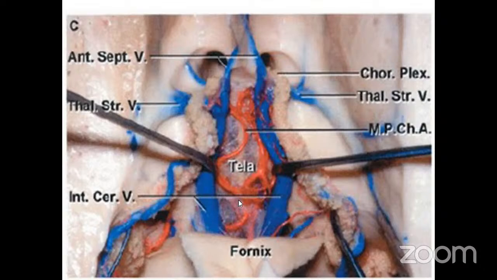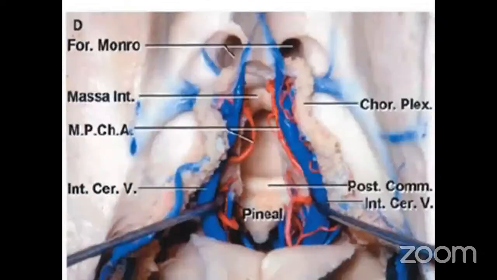Tela choroidea forms the floor of the velum interpositum in the roof of the third ventricle. In this picture, the lower layer of the tela has been opened and we can see the pineal gland, the posterior commissure, and the massa intermedia.